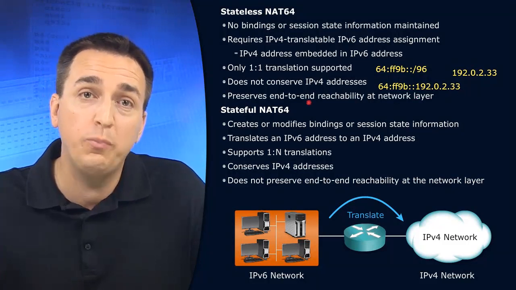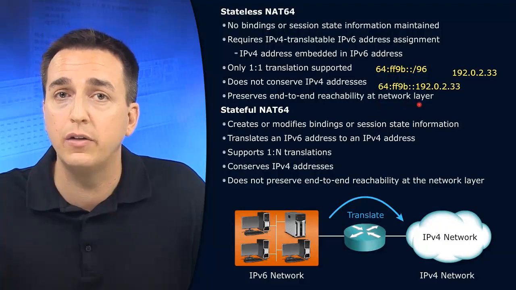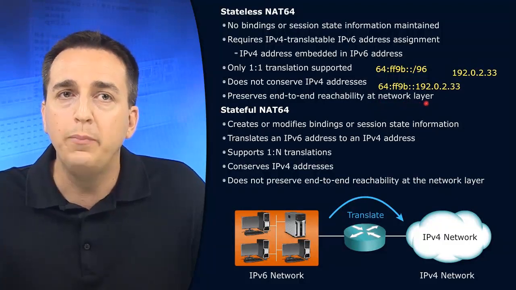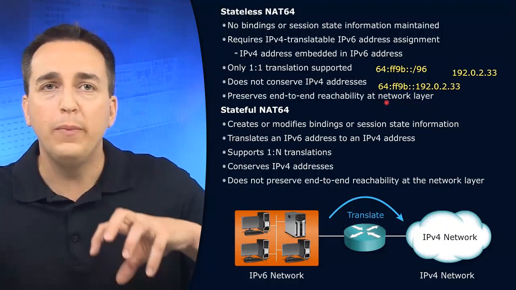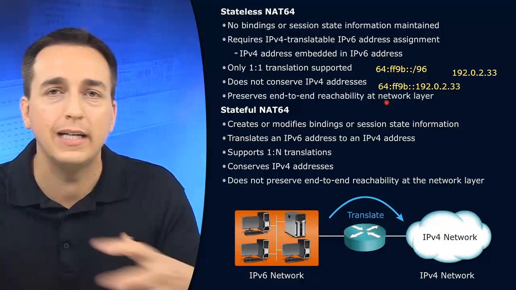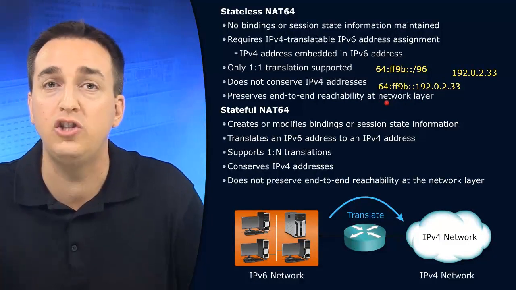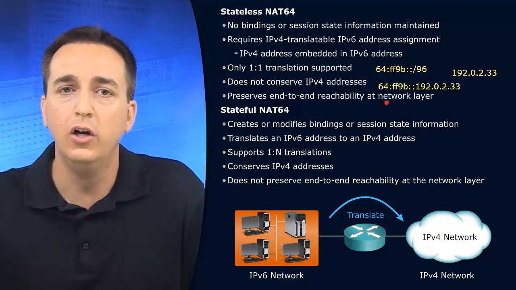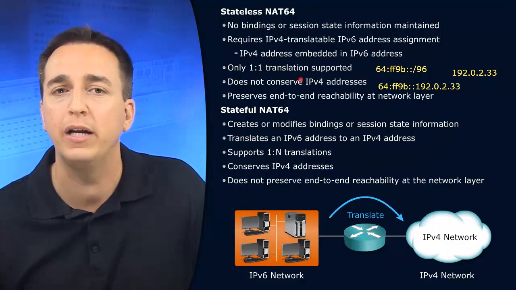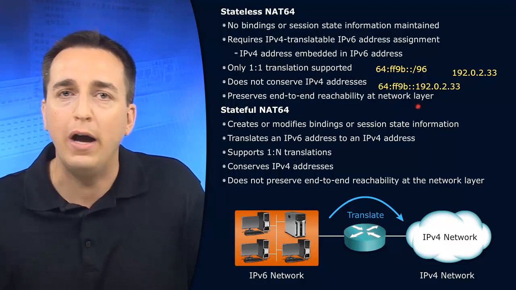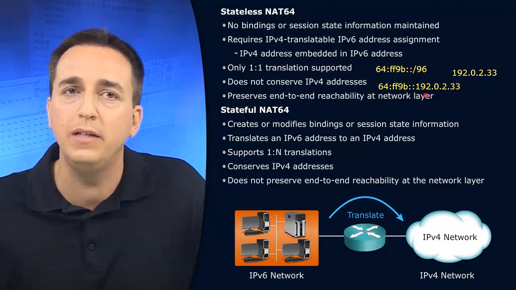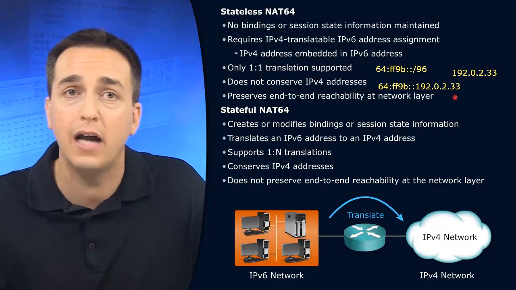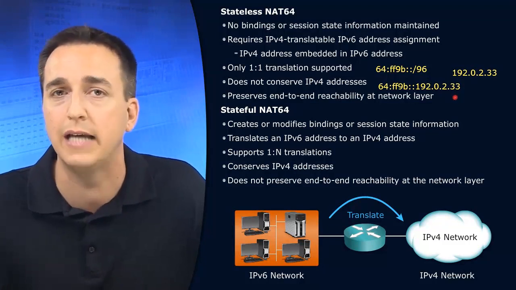But you do preserve end-to-end reachability here at the network layer. Why? Because there's no session state information that has to be changed whatsoever. Everything's maintained from end to end. You just have this simple translation happening on the router. The router looks at this particular IPv6 address and says, all right, that is an IPv4 translatable IPv6 address.